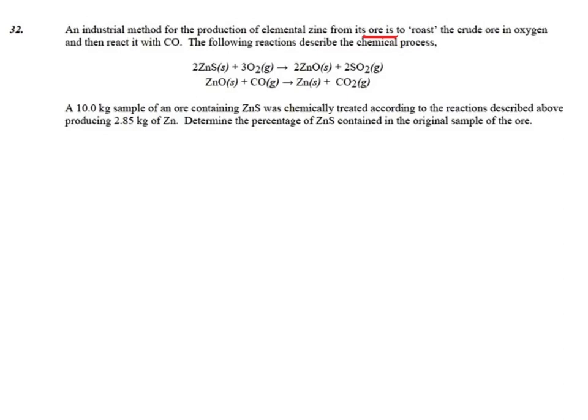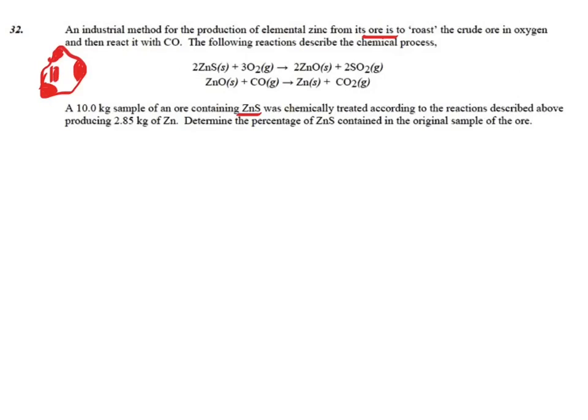A 10 kilogram sample of an ore containing zinc sulfide was chemically treated according to the reactions described above, producing 2.85 kilograms of zinc. Determine the percentage of zinc sulfide contained in the original sample of the ore. So what happens is you have this ore, and embedded in it you have some zinc sulfide.